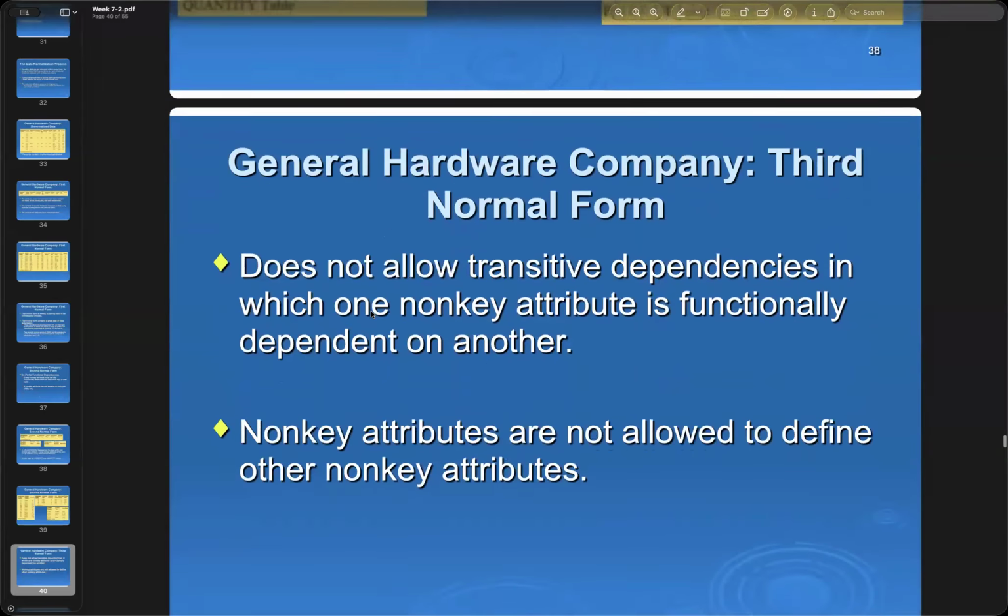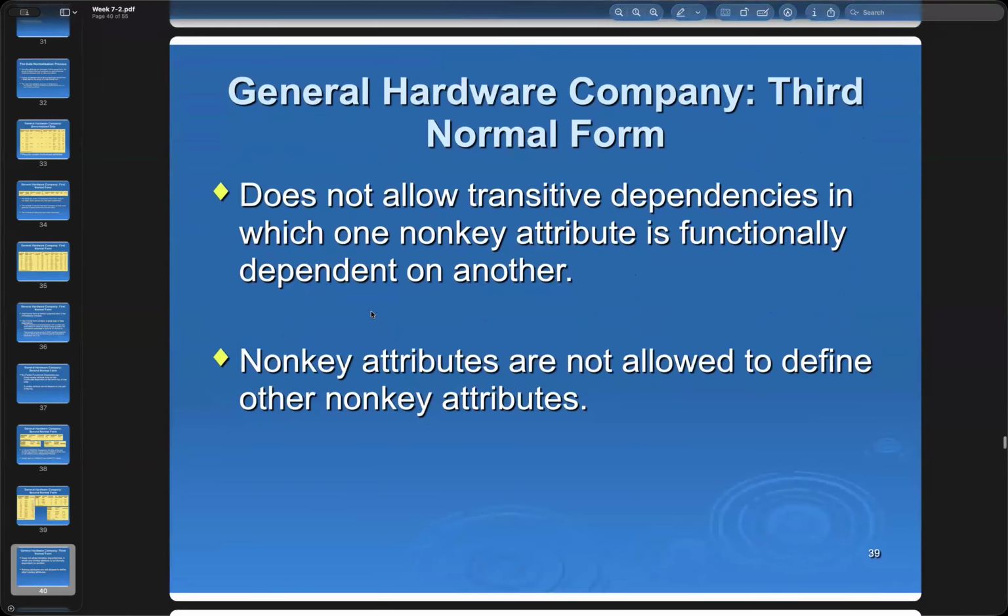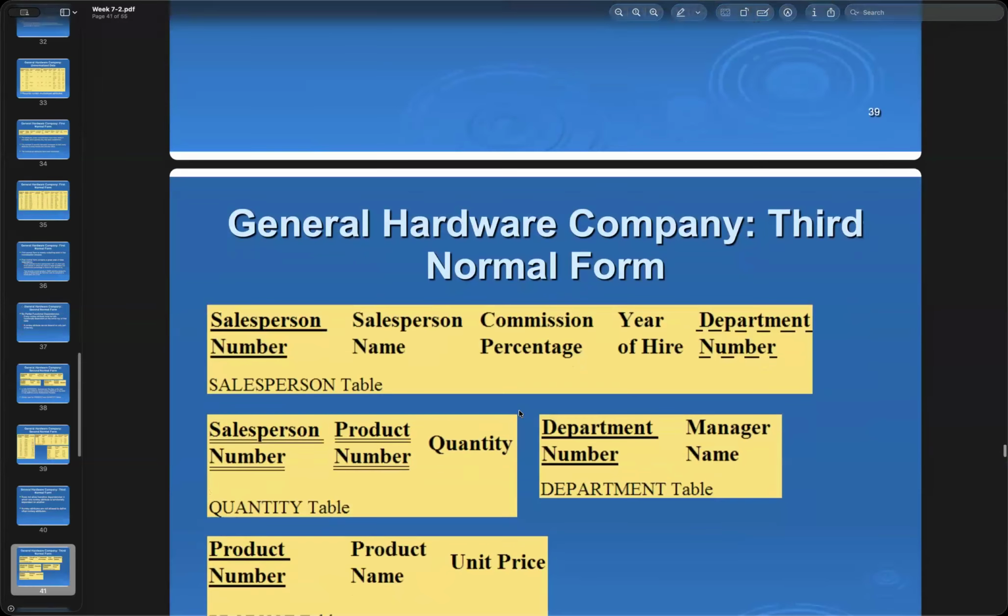And next we will do the third normal form. It does not allow transitive dependency, in which one non-key attribute is functionally dependent on another. If you look at the definition, non-key attributes are not allowed to define other non-key attributes.